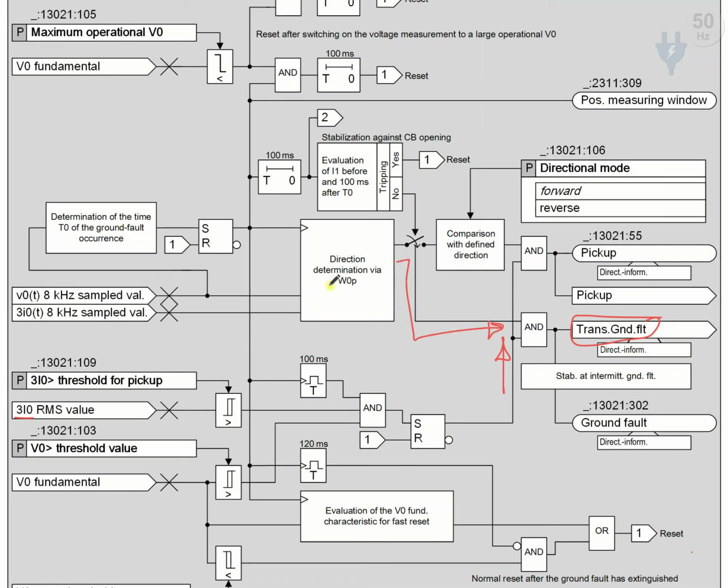having the information of the direction, because this signal comes from these two sources. One is from direction determination, and it does not contain any direction to understand whether it is forward or reverse, because this forward and reverse determination is done further on, and it is supplied to the pickup signal, not to the transient ground fault signal.